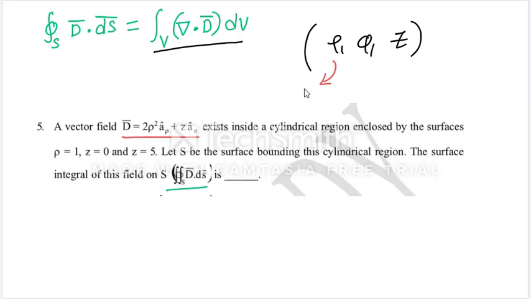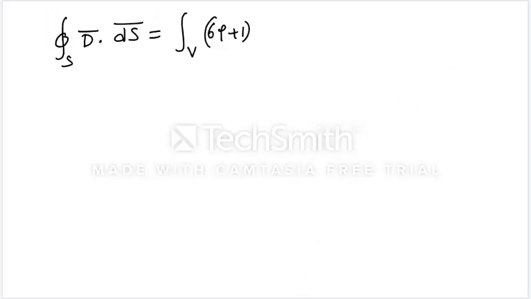Change in length along rho is d rho, along phi is rho d phi, along z is dz. In coordinate systems I ask you to remember this. Hope all of you know this. So dV means all 3 elements are required, so it is rho d rho d phi dz.